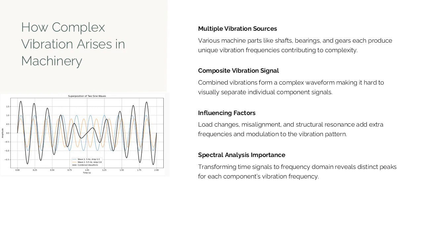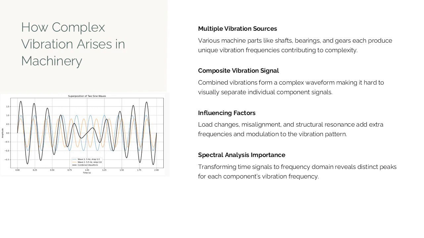This complexity is further influenced by factors such as load variations, misalignment, and structural resonances, which can introduce additional frequencies and modulations. The combined effect of these sources creates a vibration pattern that reflects the overall dynamic behavior of the machine rather than the condition of a single component. Consequently, diagnosing faults requires separating these overlapping signals to identify their origins.